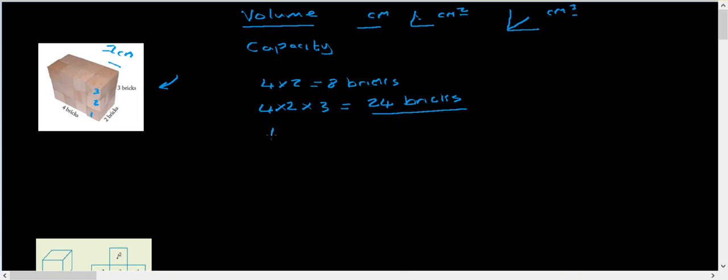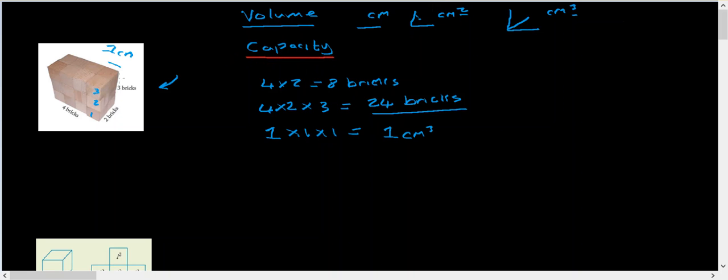If we have our brick here, it's going to be 1 by 1 by 1, which is 1 centimeter cubed. So each brick has a capacity of 1 cubic centimeter.